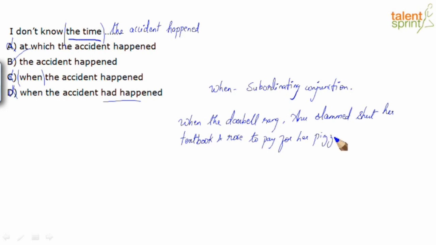So basically, Anu is reading a book. Maybe she's placed an order for the pizza. So as soon as the doorbell rang, she knows that her delivery is here, at the doorstep. So when the doorbell rang, Anu slammed shut her textbook and rose to pay for her pizza.